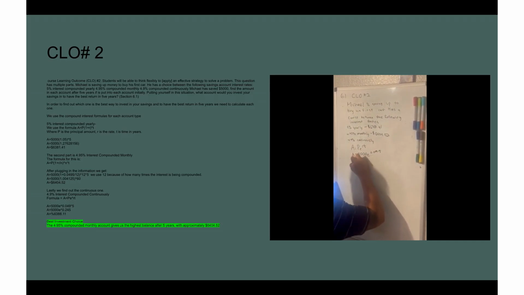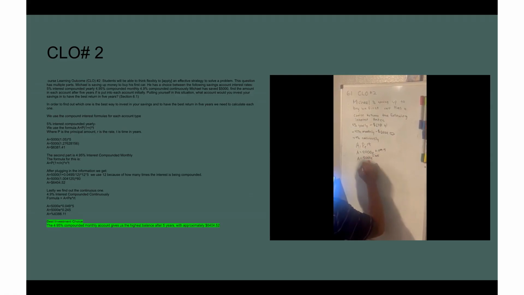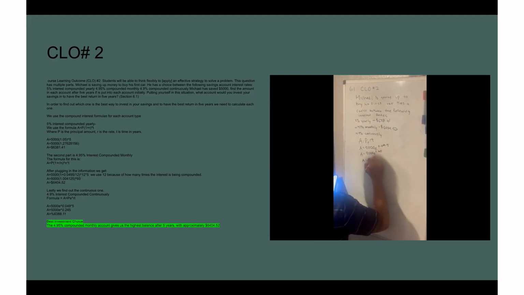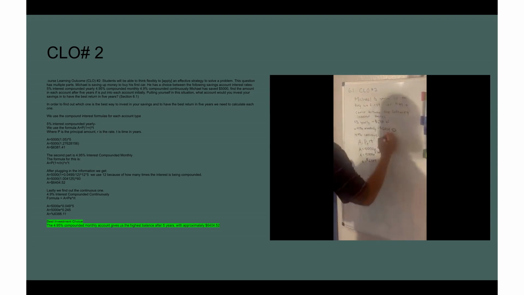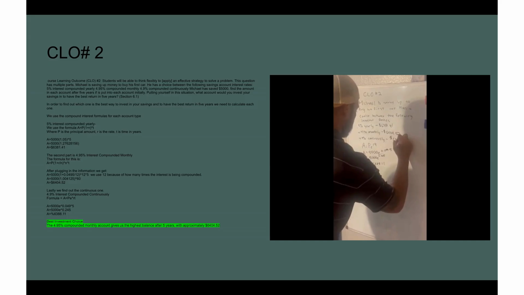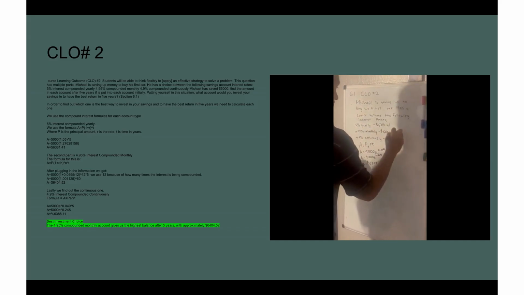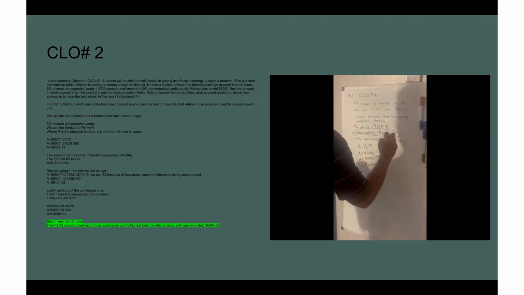That becomes e to the 0.245 power. And that becomes 6,388.11. Compare these. And monthly is the largest and the best investment.